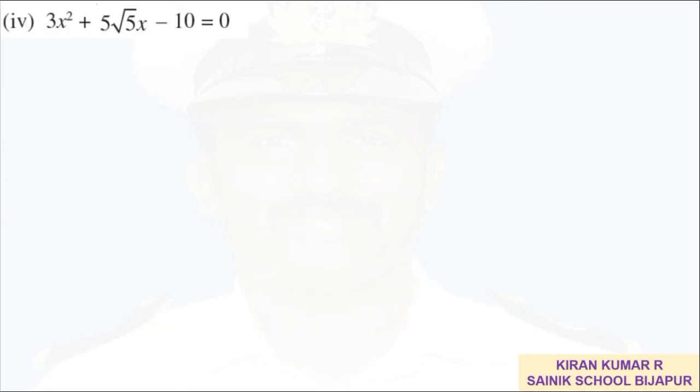In the fourth sub question, we have the sum to be positive 5 root 5 and the product to be 3 times negative 10, minus 30. It's easy to guess now. 6 5s are 30.